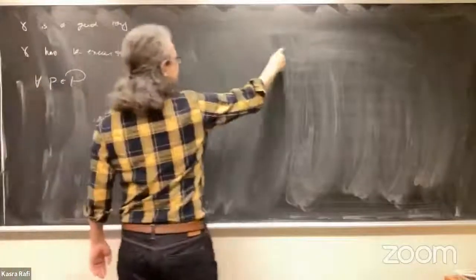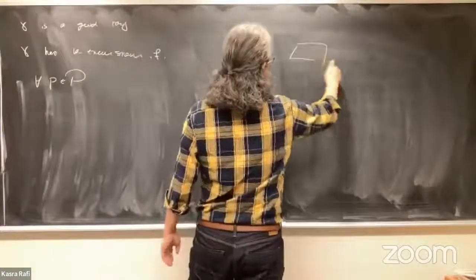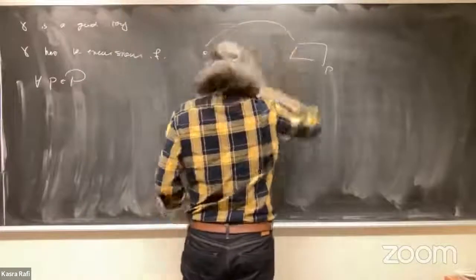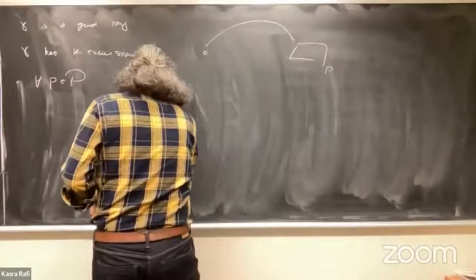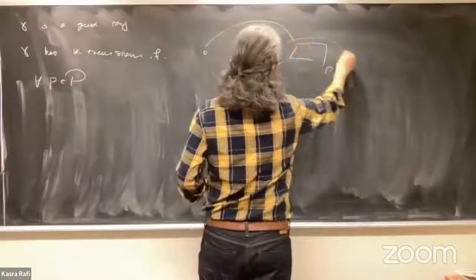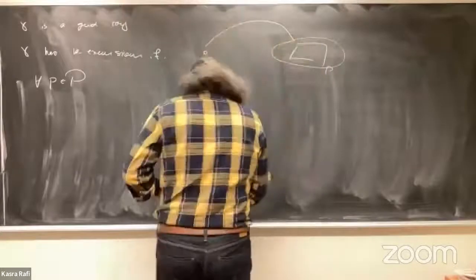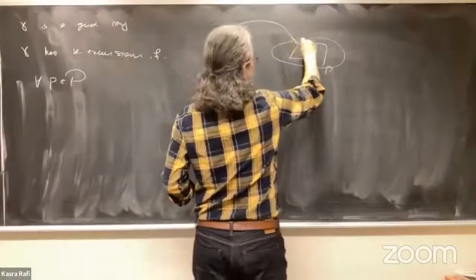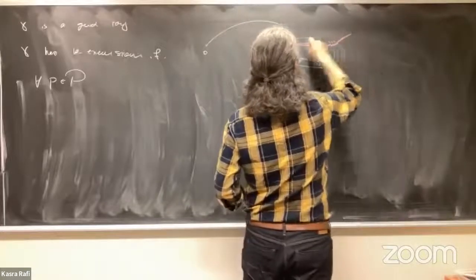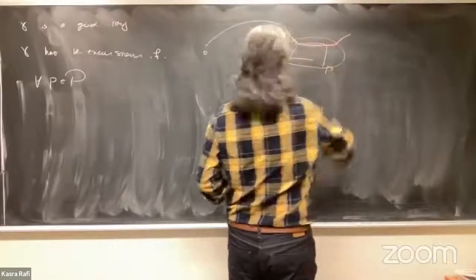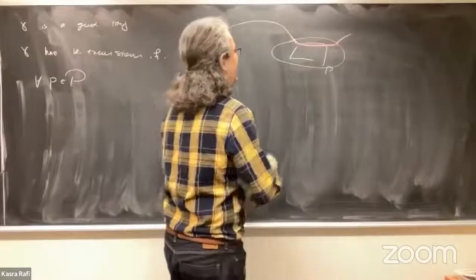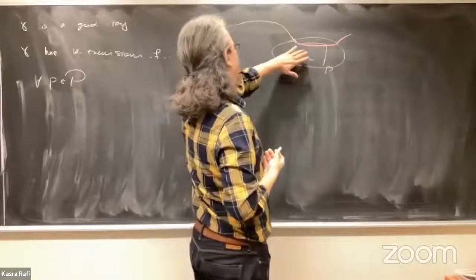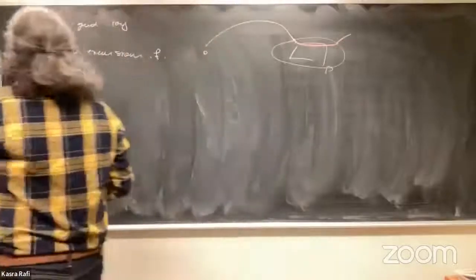So let's say I have some P, and here's the origin, and then gamma is coming. I can pick some neighborhood of this. It's possible that gamma comes close to that, I spend some time in here and go away. If you're spending a lot of time near P, it's the same as being in P. I don't make any difference between them.